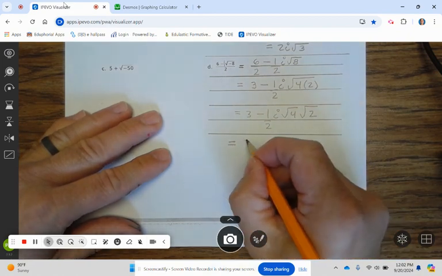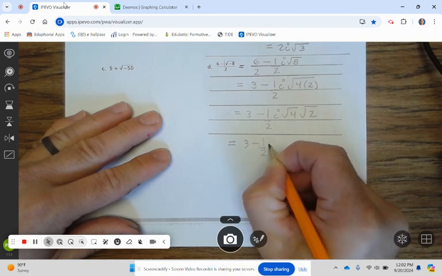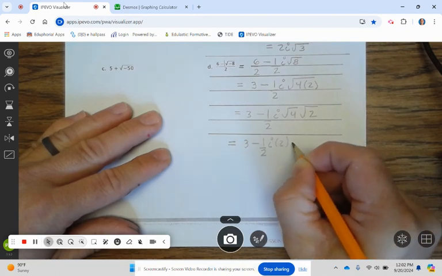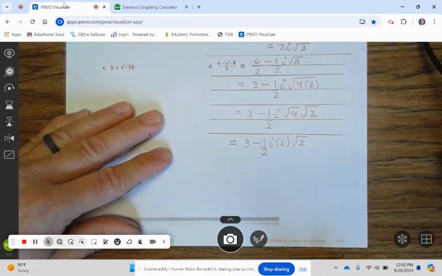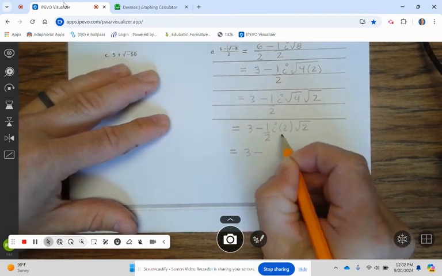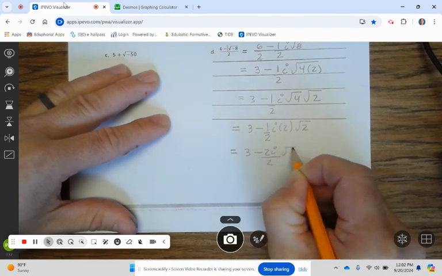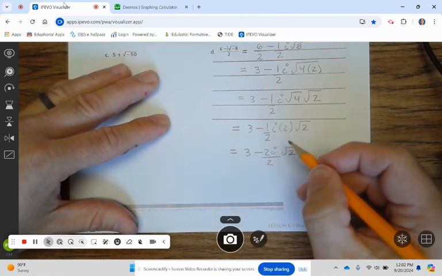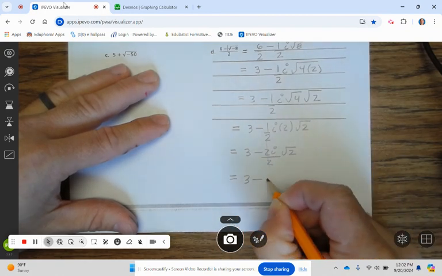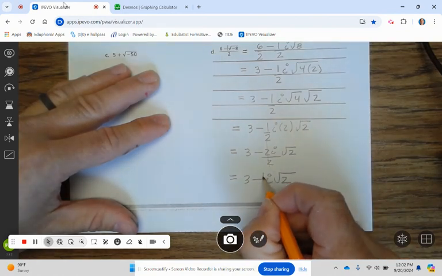So then that's 3 minus 1/2 i times 2 square root of 2, which we can continue simplifying. That's 3 minus 2i divided by 2 times the square root of 2. Well, 2 divided by 2 becomes 1, so you're left with 3 minus i square root of 2. Technically, you can put a 1 there if you want, 1i.